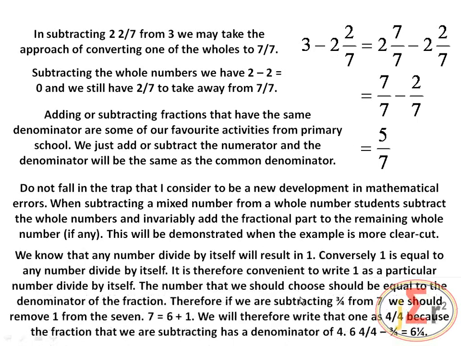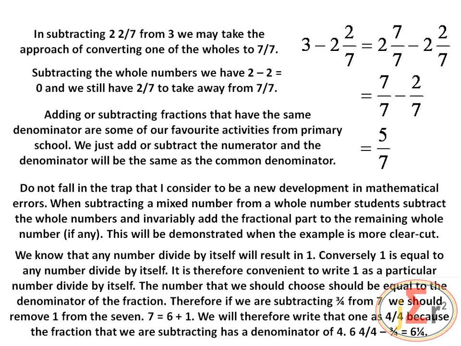We know that any number divided by itself will result in 1. Conversely, 1 is equal to any number divided by itself. It is therefore convenient to write 1 as a particular number divided by itself. The number that we should choose should be equal to the denominator of the fraction.